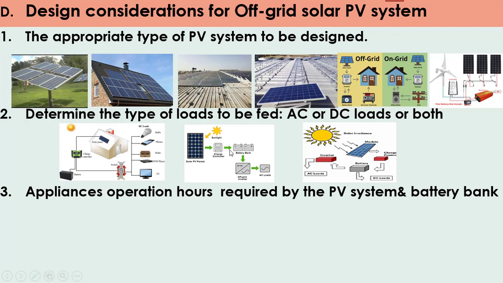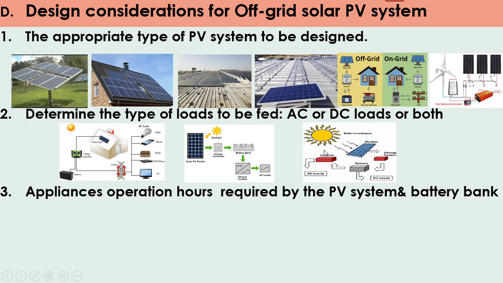Another type, we have AC load, as we see in this diagram. The energy coming from the solar array enters the battery bank through the charge controller, then the energy is converted from DC to AC to feed the AC load.